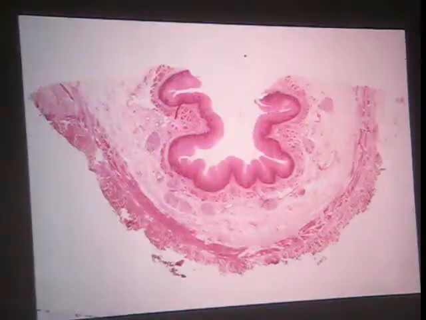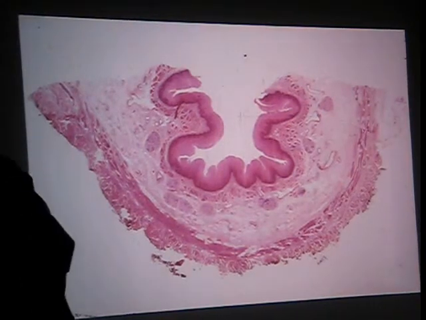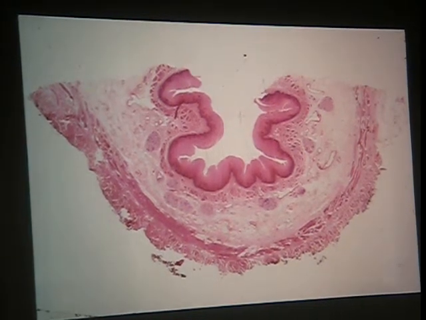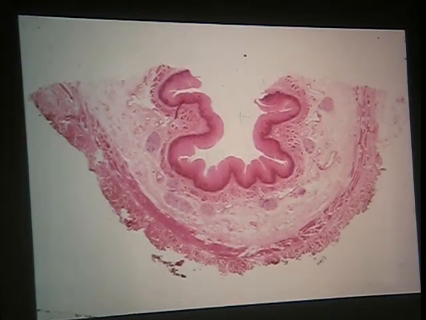Okay, so let's start where we left off last time, and if I remember right, it was GI tract where we need to pick up. So, what are we looking at here? So it looks like a cross-section.